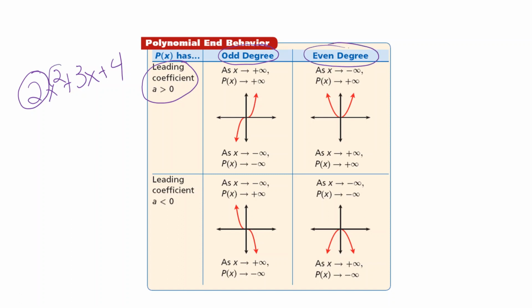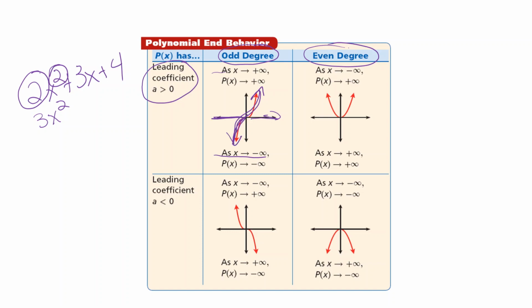In this case, I have an even degree, but sometimes it's odd. It could have been 3x cubed. If it's odd degree, our function is going to do this. As x gets positive, the whole function goes positive. As x goes negative, right here, the whole function is going to go negative.